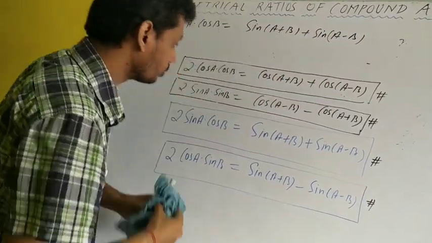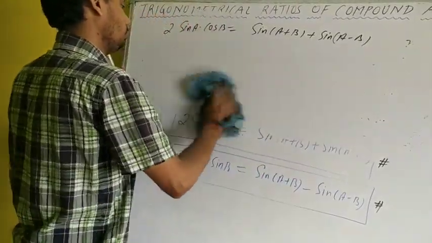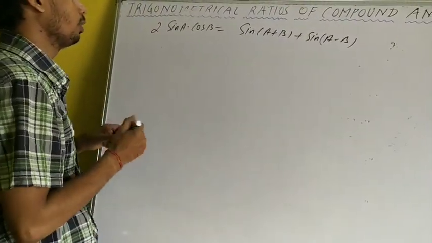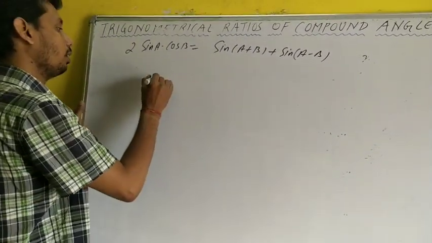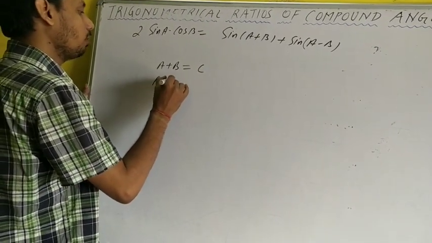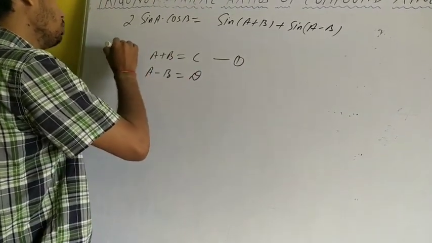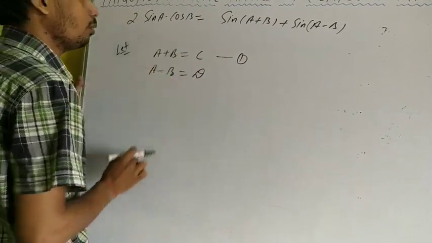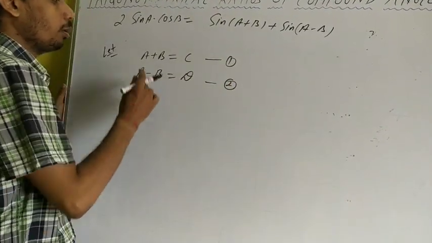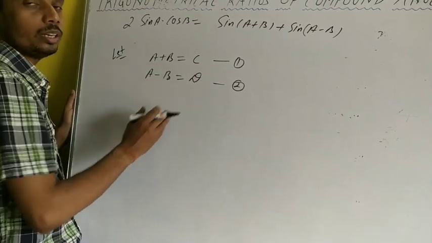Now if we consider a plus b is equals to c and a minus b is equals to d, let us assume that a plus b is equals to c, let it be equation 1, and a minus b is equals to d, let it be equation 2.